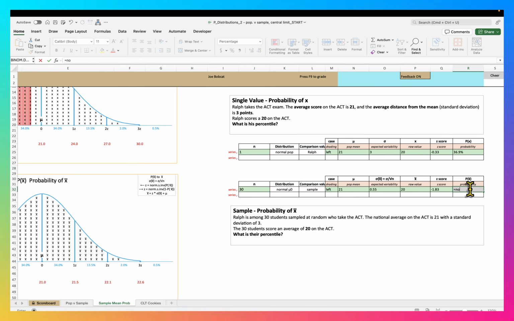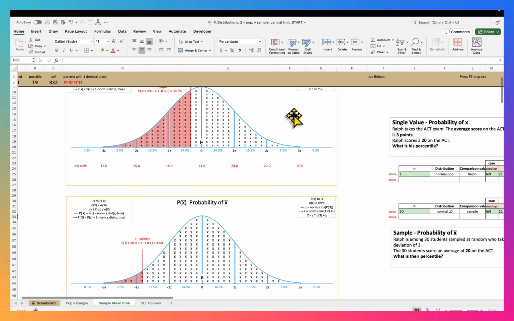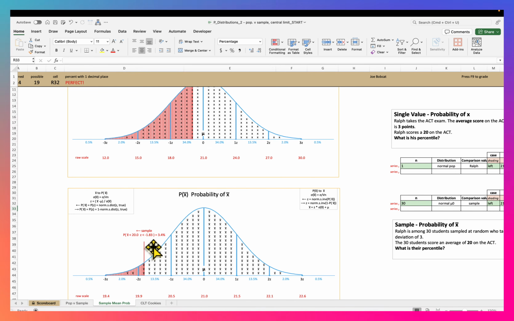So it equals NORM.S.DIST, 3.4%. And you can see this here on the graph. So here's Ralph. He's in the 36, almost 37th percentile. But that group of people, the whole group averaged to the same score of 20 that Ralph got, there would only be a 3.4% chance that that would happen.